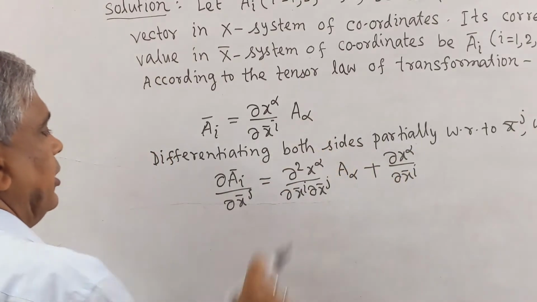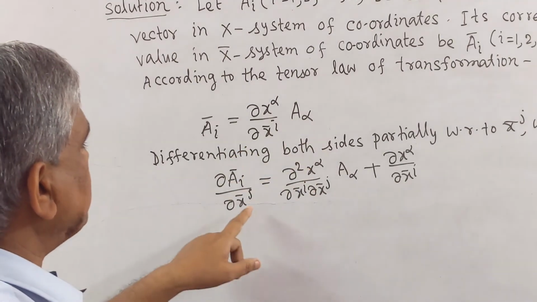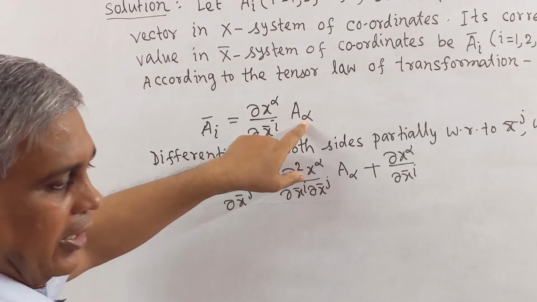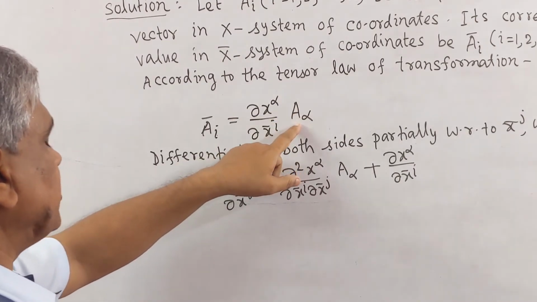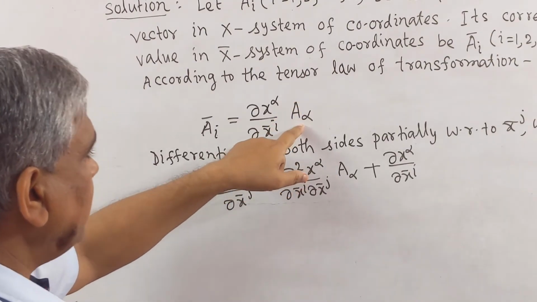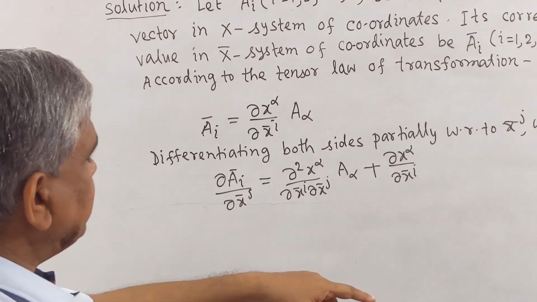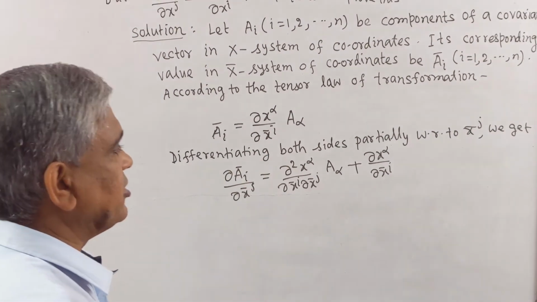Now we differentiate a alpha with respect to x bar j. As a alpha is in x system of coordinates, firstly we have to differentiate this with respect to x system of coordinates, then we differentiate the x system of coordinates with respect to x bar system of coordinates.